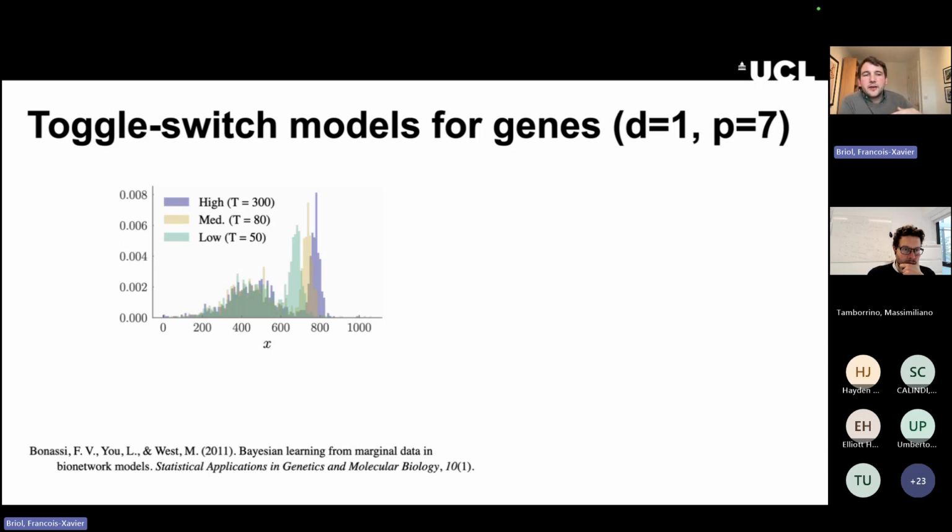Now, if I increase, for this particular parameterization of the model, T, i.e. the amount of discretization that I do, I basically get these other colors, either yellow or purple, which shift the mode of the second part a bit to the right.